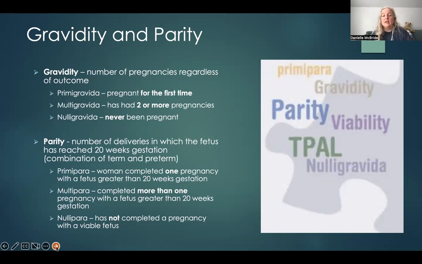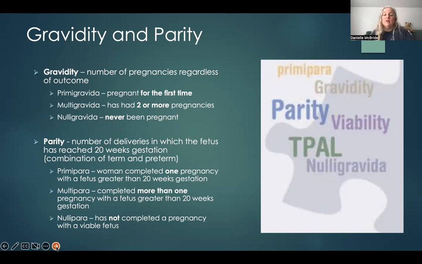So prior to 20 weeks gestation, it's considered an abortion. If her body delivers spontaneously before 20 weeks gestation, that's a spontaneous abortion. If it's after 20 weeks gestation, it counts as a delivery under parity. This also does not matter how many babies come out. If she's pregnant with twins and she delivers twins, it's one delivery.